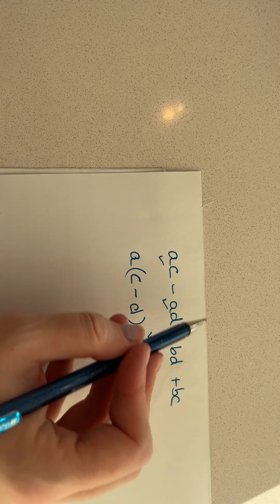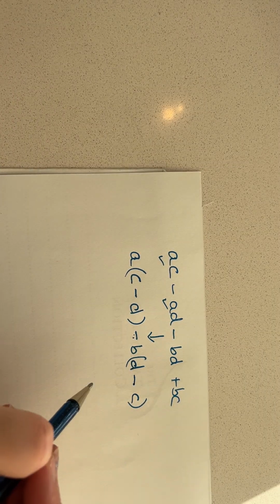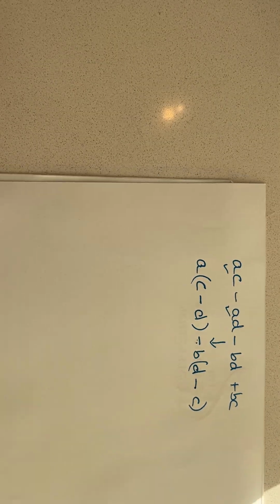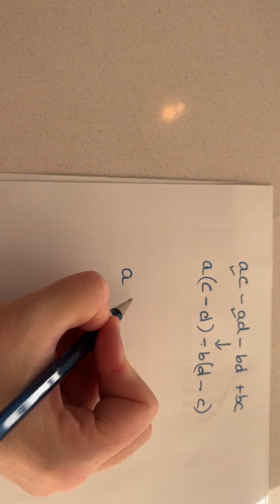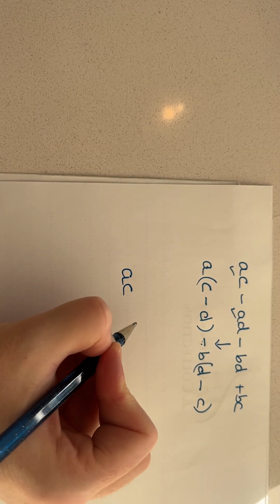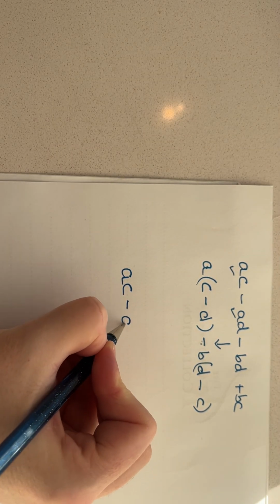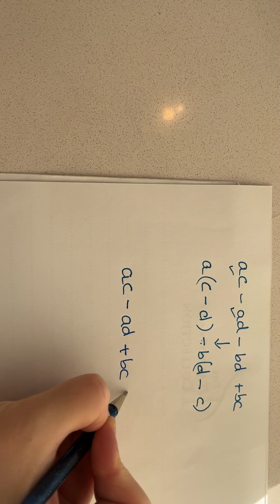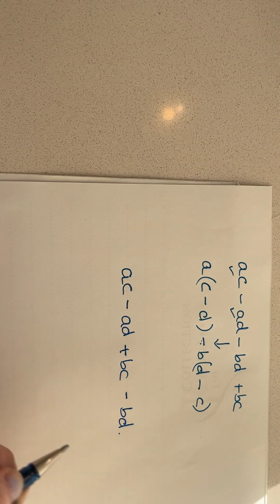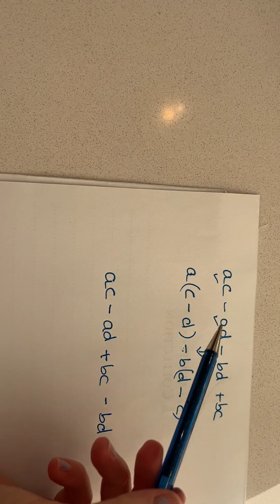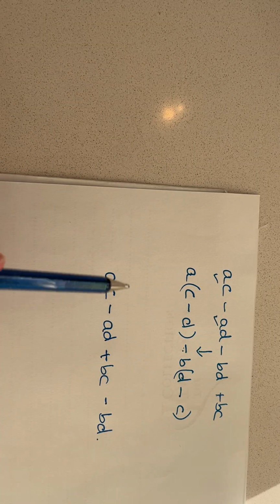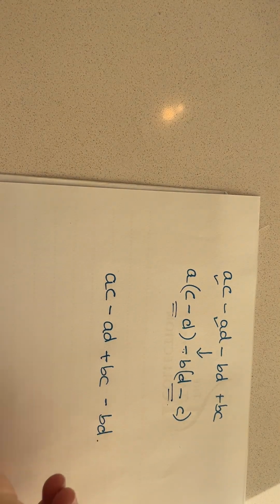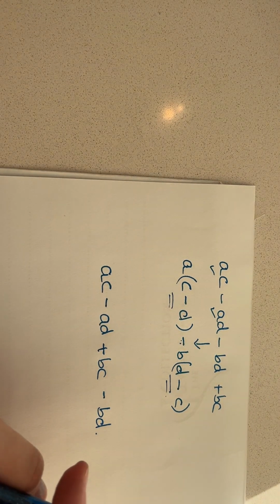Now, if my brackets don't match exactly, maybe we want to move things around a little bit, okay? So let's go for AC minus AD plus BC minus BD. So instead of having them the original way, I'm deciding just to change them up a little bit because these two brackets don't exactly match for me, and I'm not really happy about that.